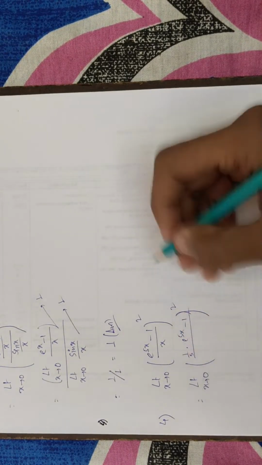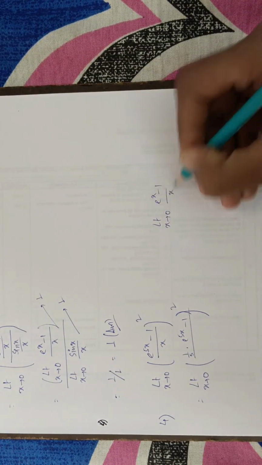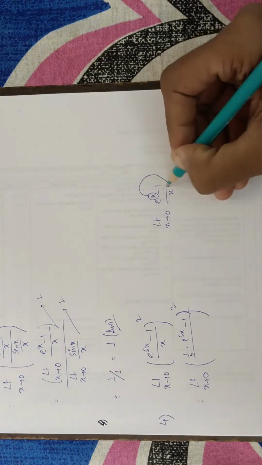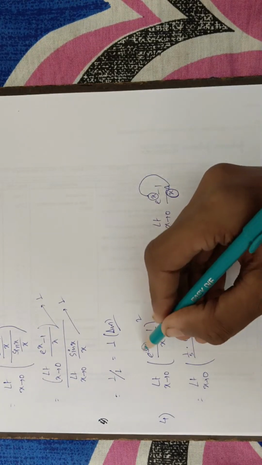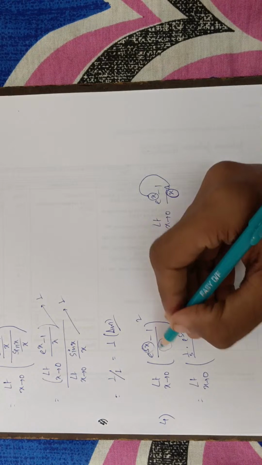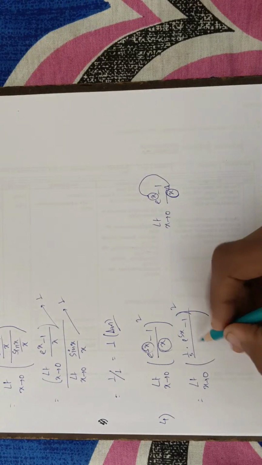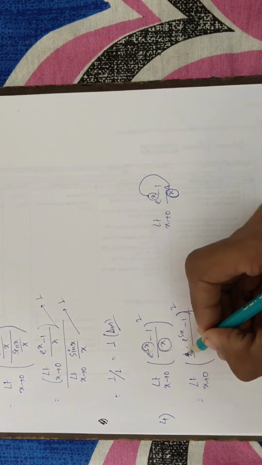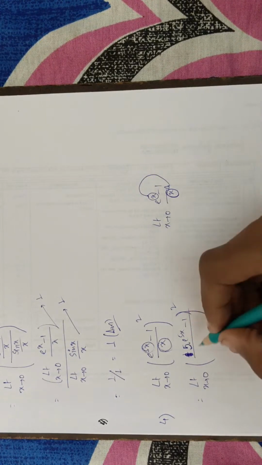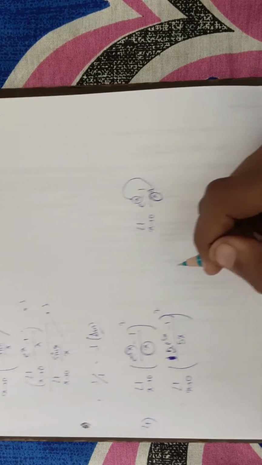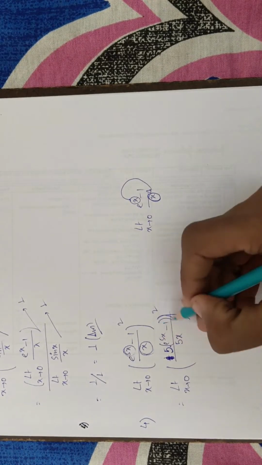The basic formula is (e to the power x minus 1) upon x. So the denominator value has to be the same as the exponent, 5x. So I have to do 1 by 5x, not 1 by 5, so 5 is multiplied in the numerator and denominator. So 5 into the same and 5 into x. So the exponent's value and the denominator's value are the same.